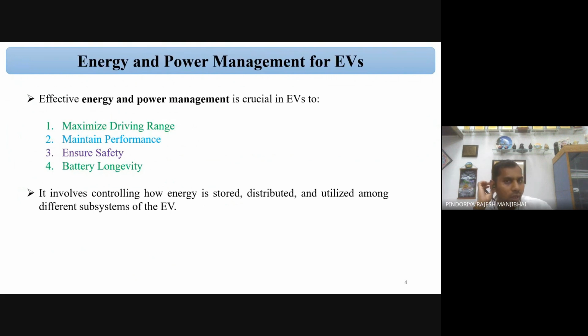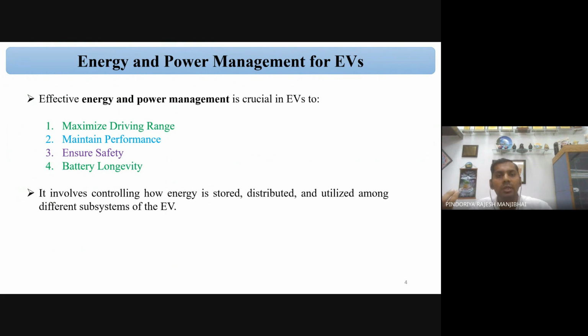So energy and power management are different things. Energy, we know, is the capacity to do work. So what is our capacity to do the work? It is our energy, correct? And power is energy over time.